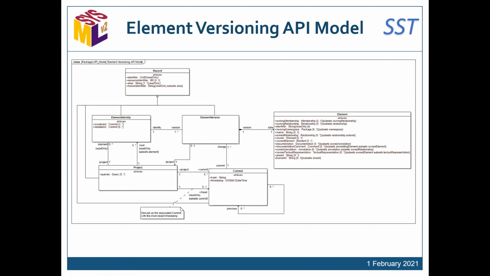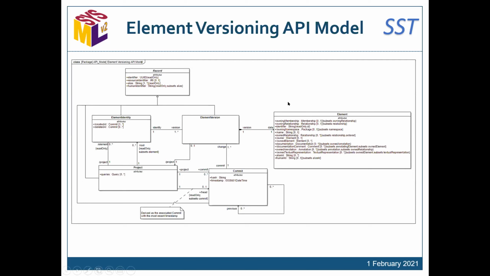Those of you who are coming from a PLM background will appreciate this more than the ALM background. In a traditional PLM tool, you would see that you've got the concept of a part master, and then you have part versions. So you have the definition of a part, and then you can have a different representation for each version of the part. Similarly, you have items and item revisions and so on. Here we have the same concept. You have element identity, which represents the element independent of its version.